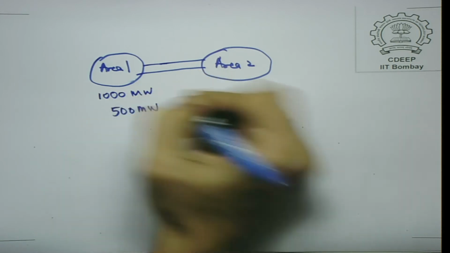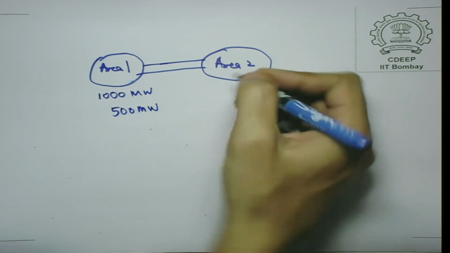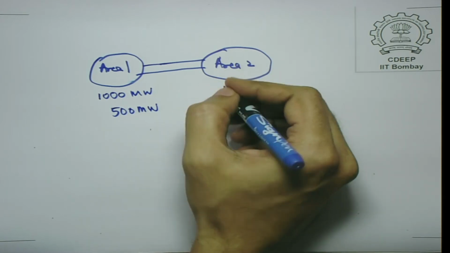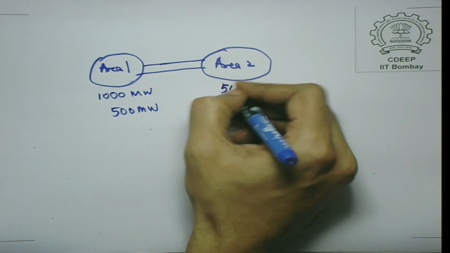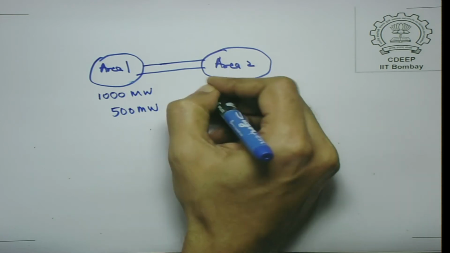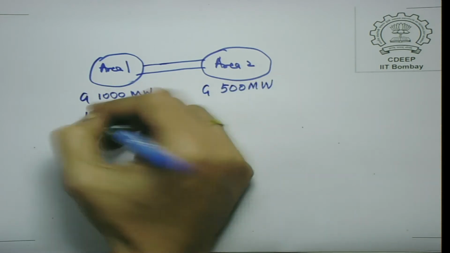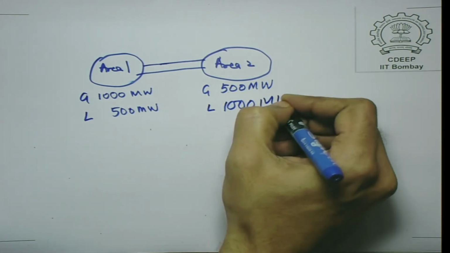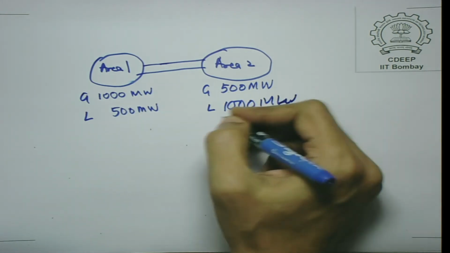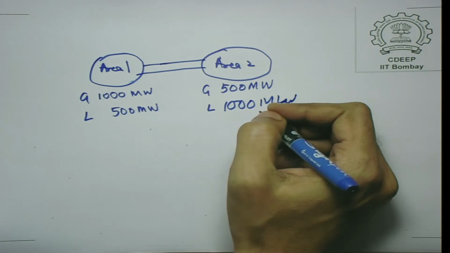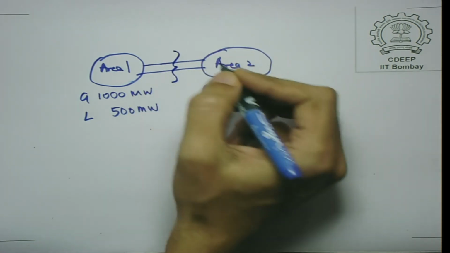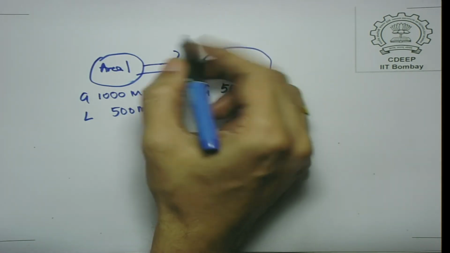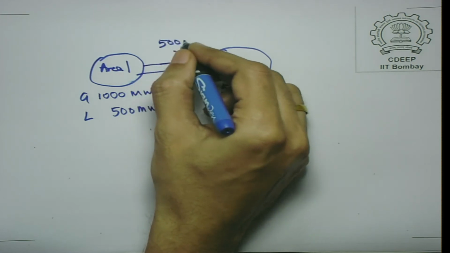Let us assume it is a lossless system just for the sake of this example. And let us say here the generation is 500 and the load is 1000 megawatt. Then the power flow in these two lines will have to be 500 megawatt.